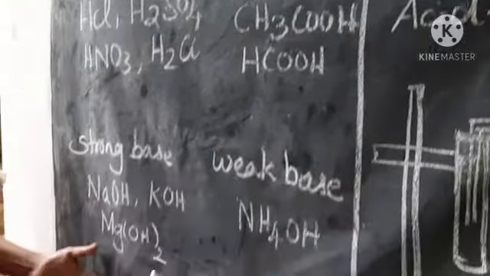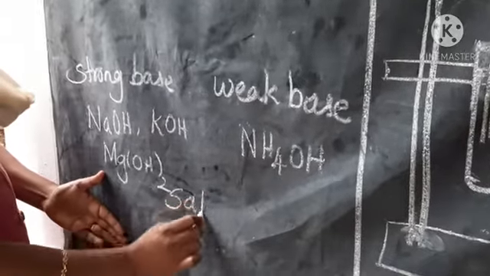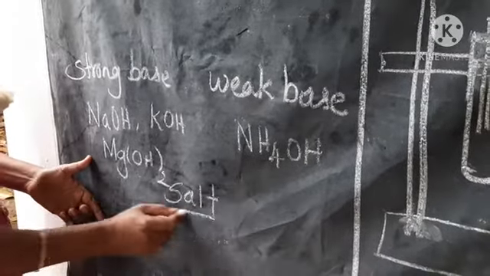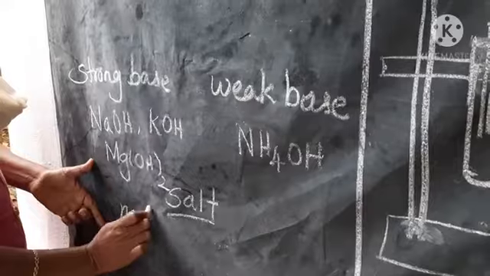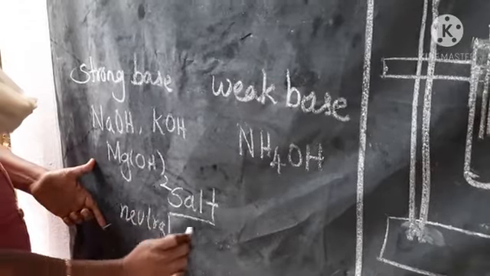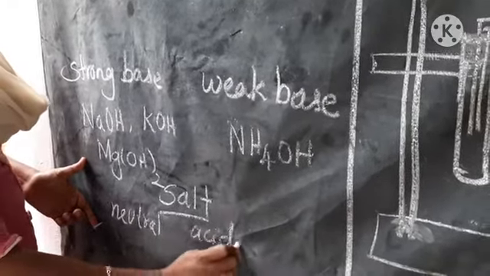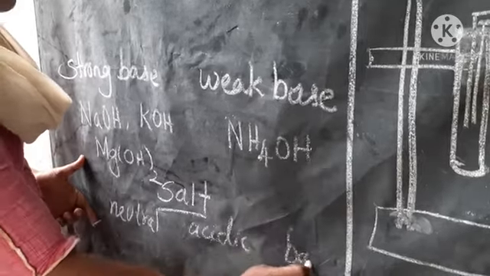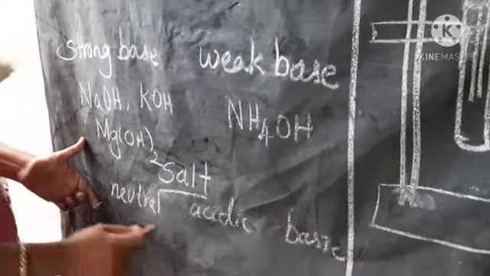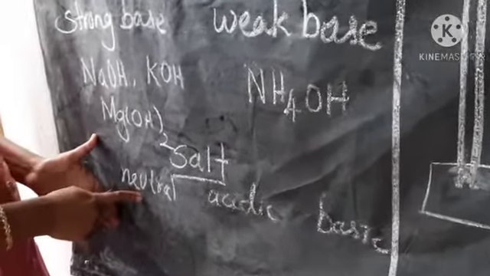What about salt? Let us see. There are three types of salt. One is neutral salt, another is acidic salt, and the third is basic salt. What is a neutral salt?